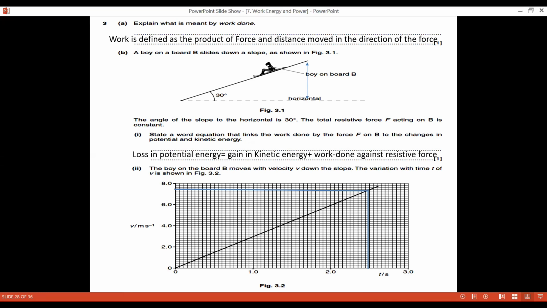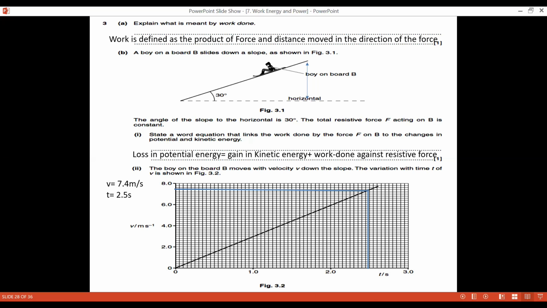Now they have given us a velocity-time graph of the boy on the board. From the graph, we can find the velocity for any time. For example, if we ask what the velocity is at 2.5 seconds, draw a vertical line from 2.5 seconds to the graph, then a horizontal line, and you get the velocity.